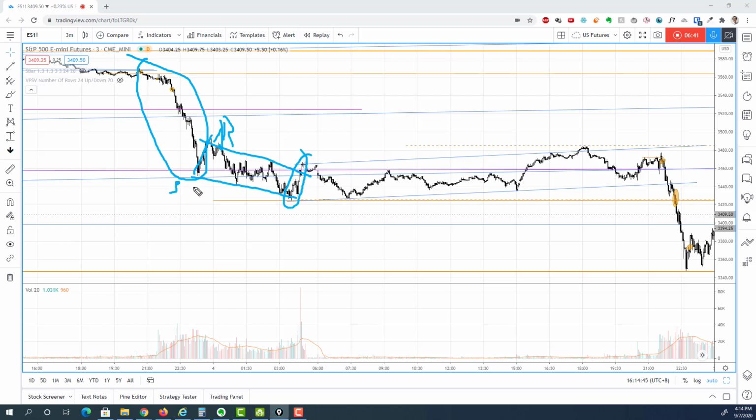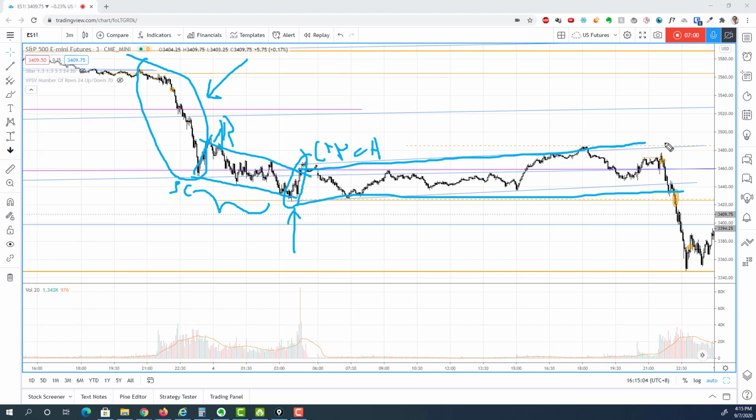This is the selling climax range. It is pretty much a range, which then produced this change of character. This suggests that the environment has changed from the downtrend into a trading range, an upsloping type of trading range.